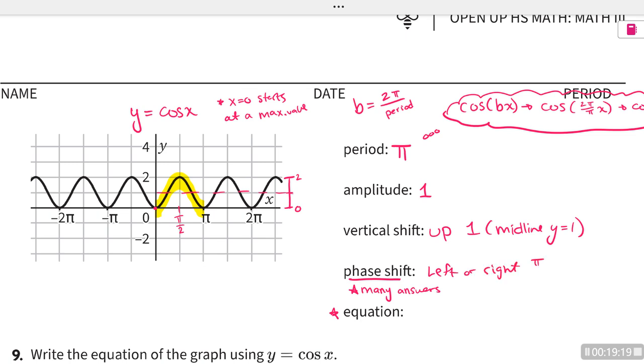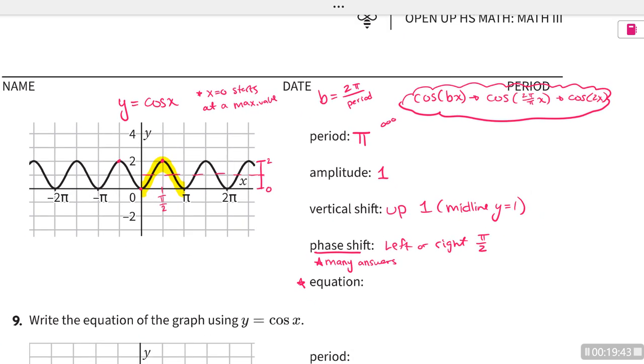Pi over 2 is going to get us to a maximum. It doesn't actually matter which direction we go on this one. And that's partly because cosine is an even function. If I reflect it over the y-axis, I'm going to get the exact same graph.